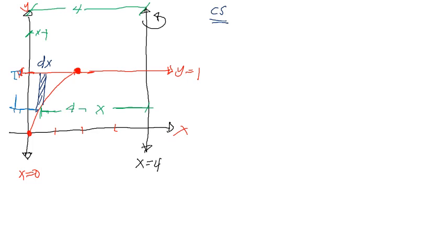If this is 1 here, therefore this part here, the bottom part of the curve, is y. So the bottom part of the curve to the x-axis is y, right? So therefore, this one here is 1 minus y, right?